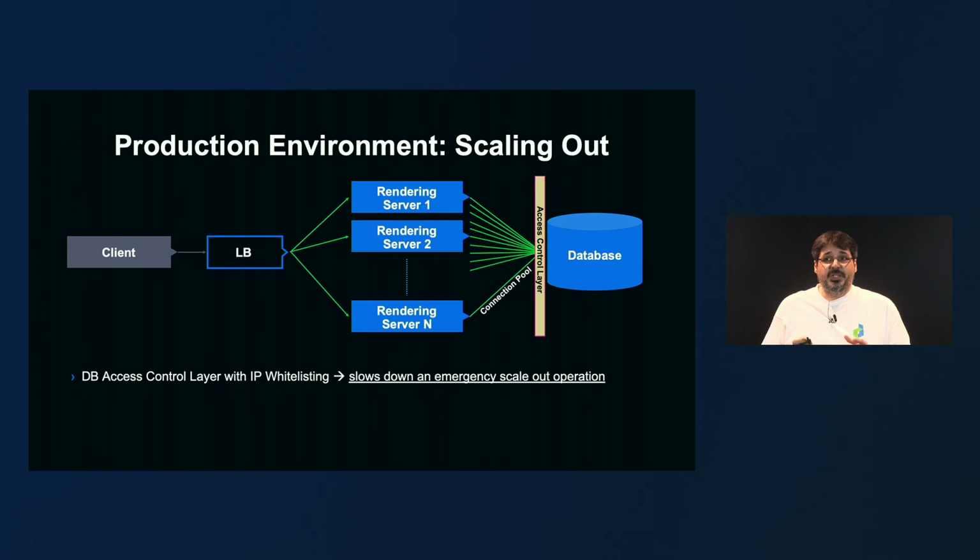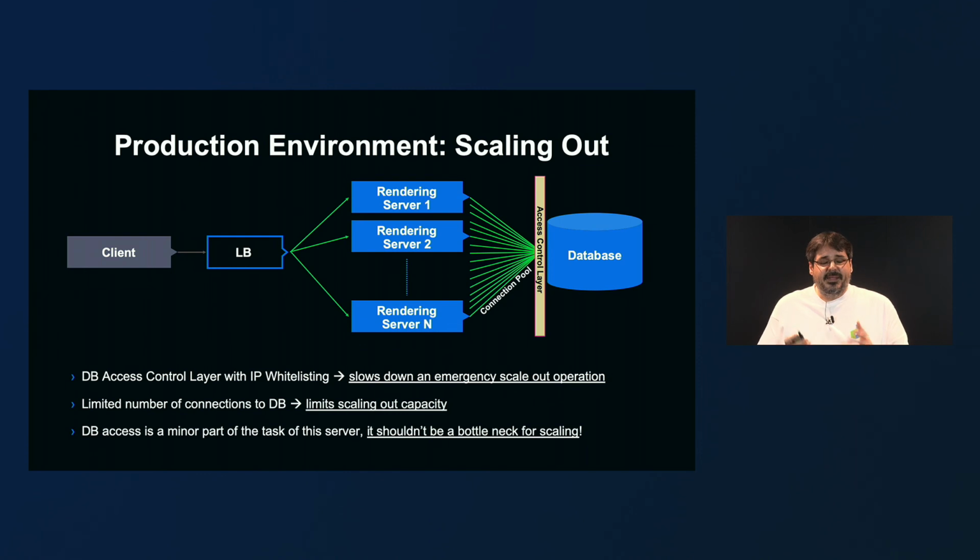Also, each new server that we add increases the amount of open connections to the database. But the database can only handle so many, so this limits our scale-out capacity. Now, if you remember from the latency breakdown, database access occupies maybe 2% of the time spent on a single rendering. So this cannot be a bottleneck for scaling out the rendering server.